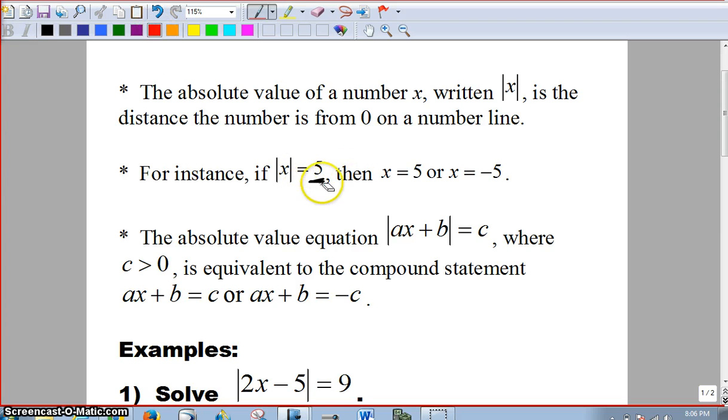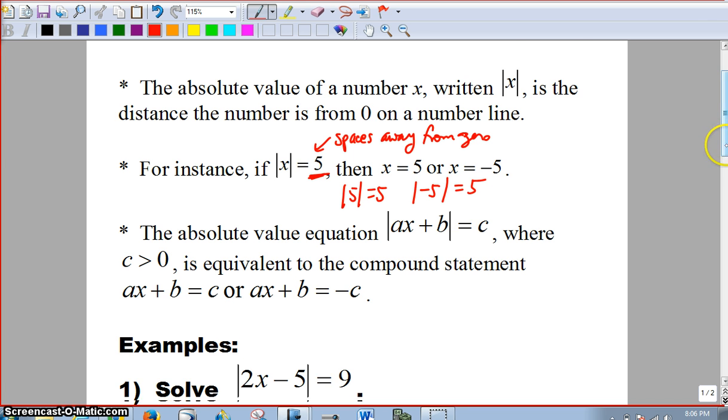This number right here represents how many spaces away from 0. If the absolute value of something is 5, then it is 5 spaces away from 0. So the absolute value of what is 5? The absolute value of 5 is 5, and the absolute value of negative 5 is also 5.